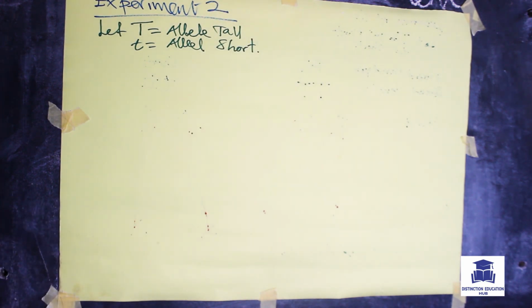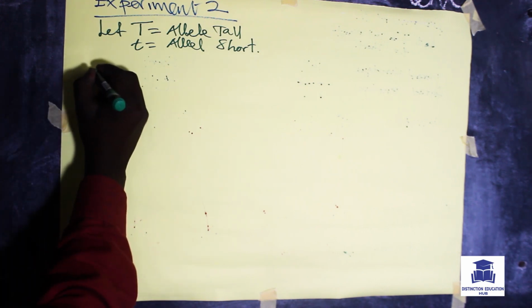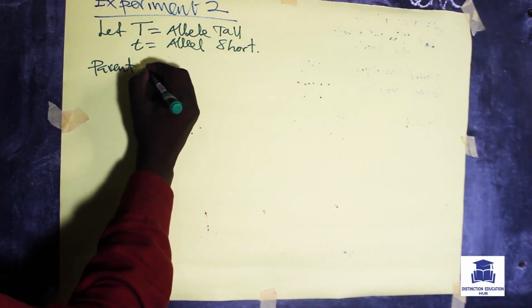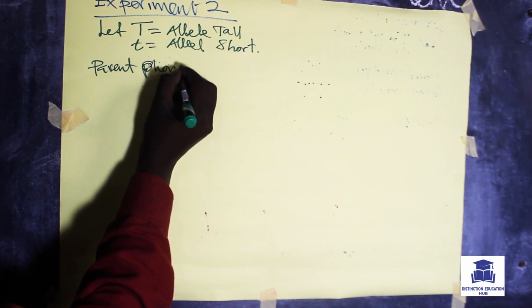Then second, we have to come up with the parent genotype. So what will be the parent genotype? The parent phenotype is the first thing, the phenotype first.